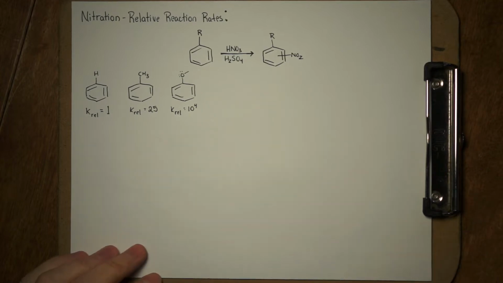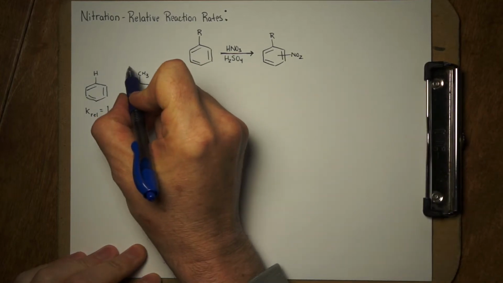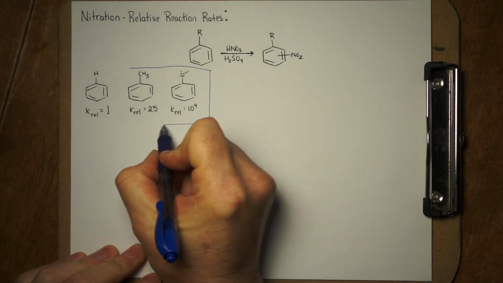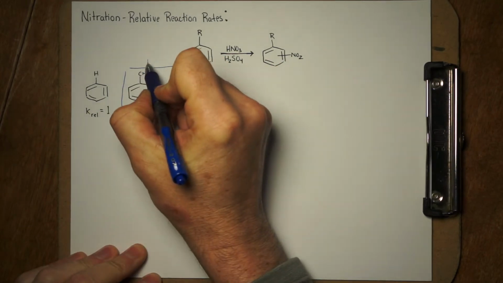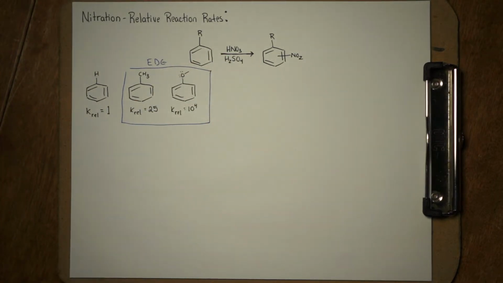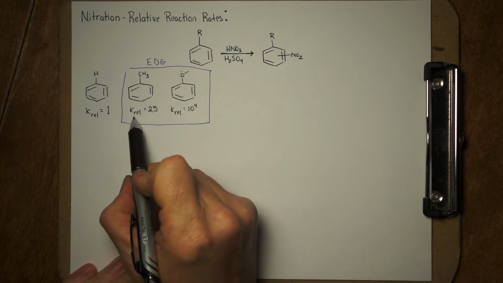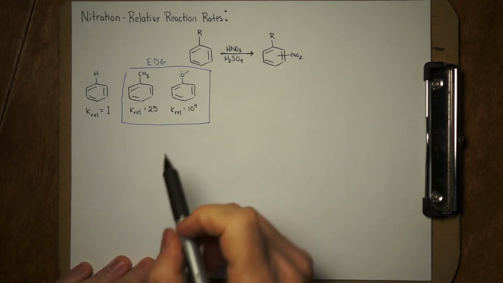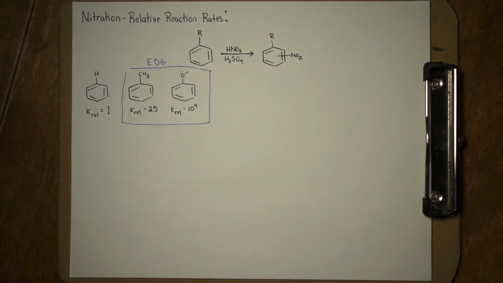All right, so these are both electron donating groups, and electron donating groups, as we learned in the previous video, should speed up those reactions, and in fact we see that those rate constants relative to benzene are much greater.